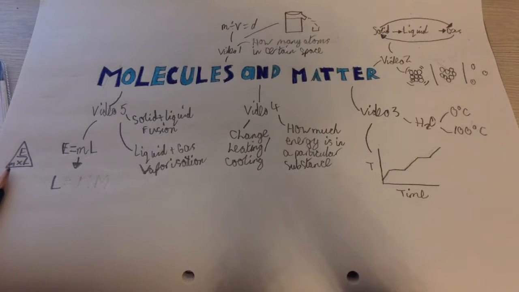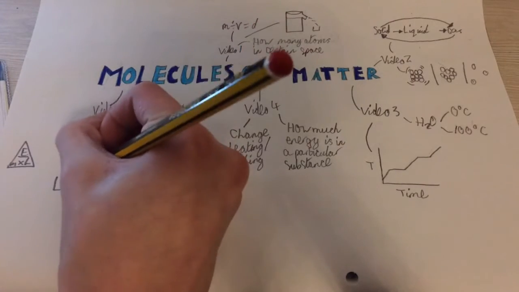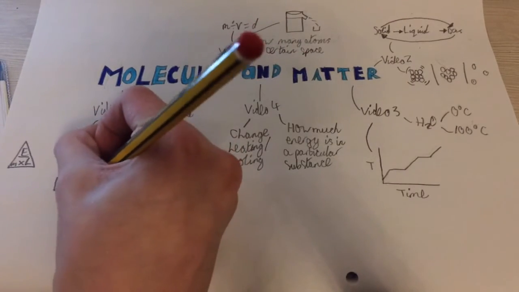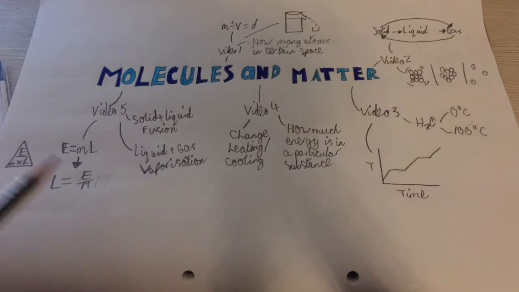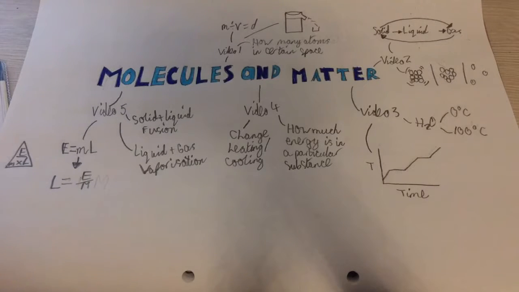See? So at the minute we've got mass times latent heat is the energy, but we can rearrange this so that the energy over the mass is the latent heat. Now to find the mass you simply weigh the object that you're doing. Simple. But to find the energy transferred, it's a little bit more complex.